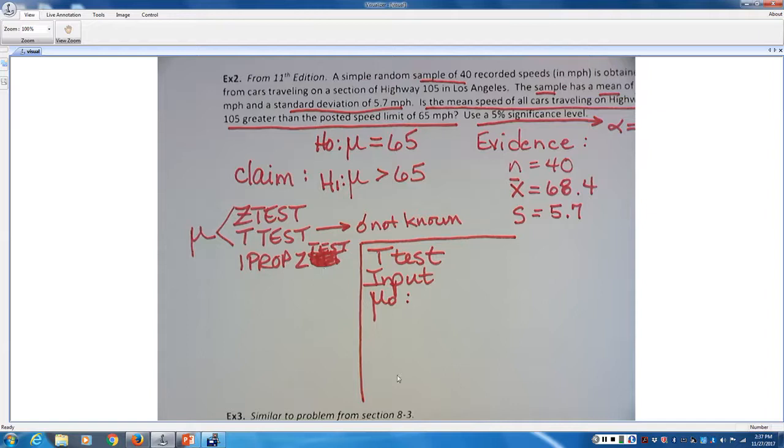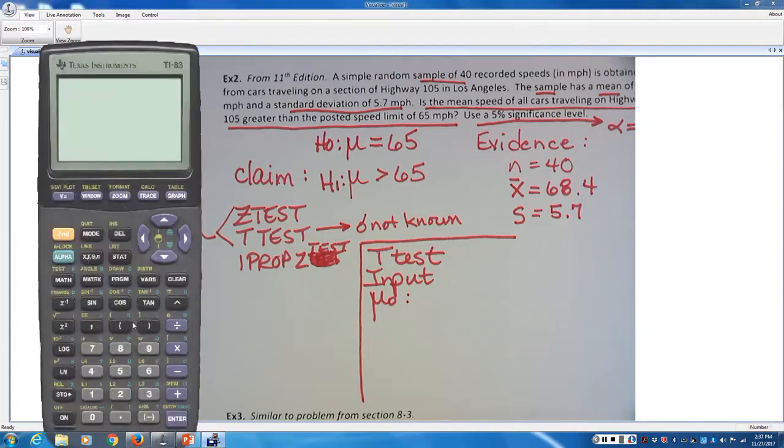So we'll go ahead and get the calculator. And our input is going to come from statistics. We don't have the data.